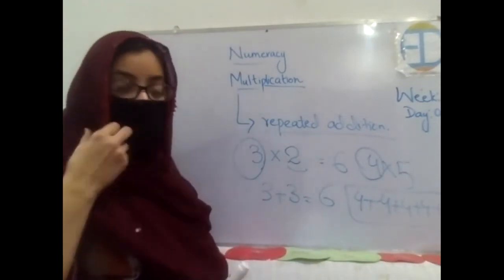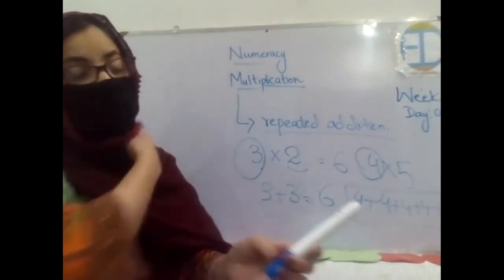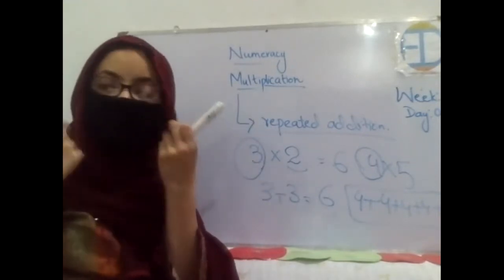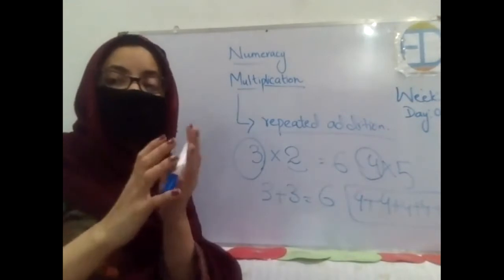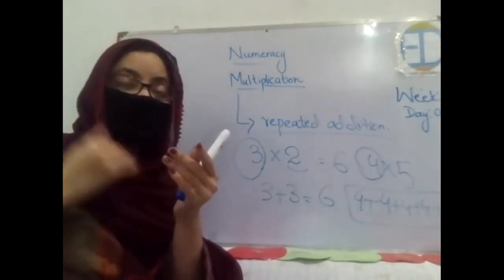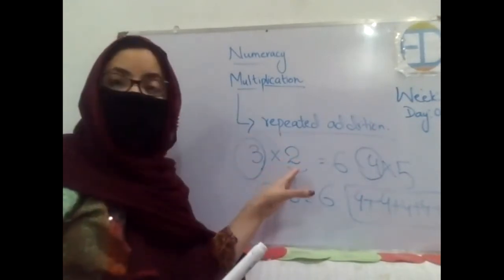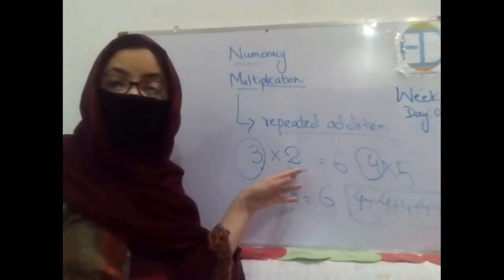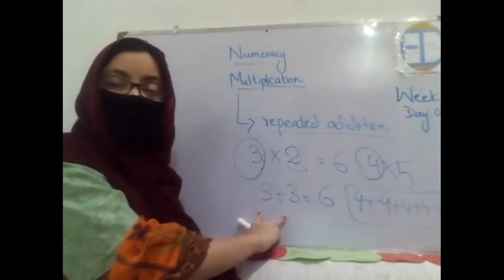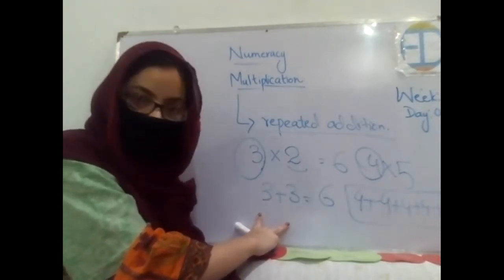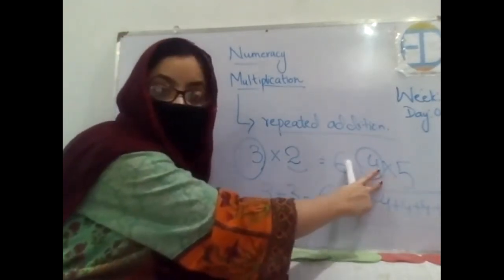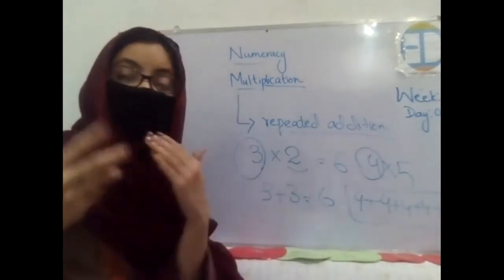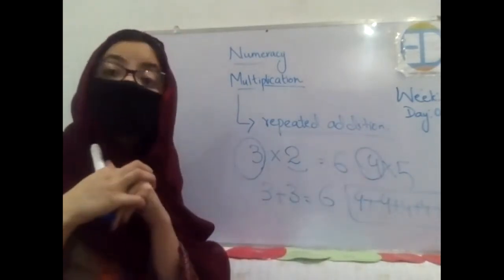The easiest way to do multiplication is repeated addition, that we keep on adding the same number again and again, how many times? Whatever is needed. Over here I want to know the answer of 3 multiplied by 2, so I have added 3 only 2 times. Over here I want to know the answer of 4 multiplied by 5, so I have added 4 5 times, right? This is what repeated addition means.